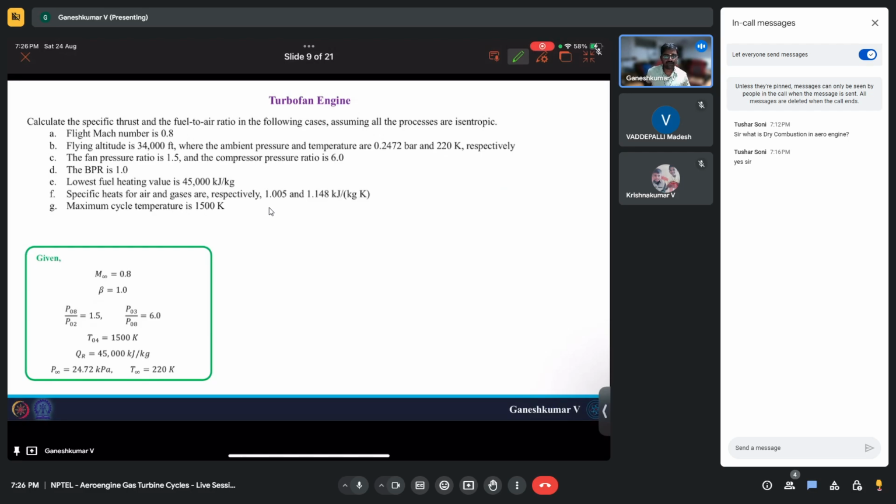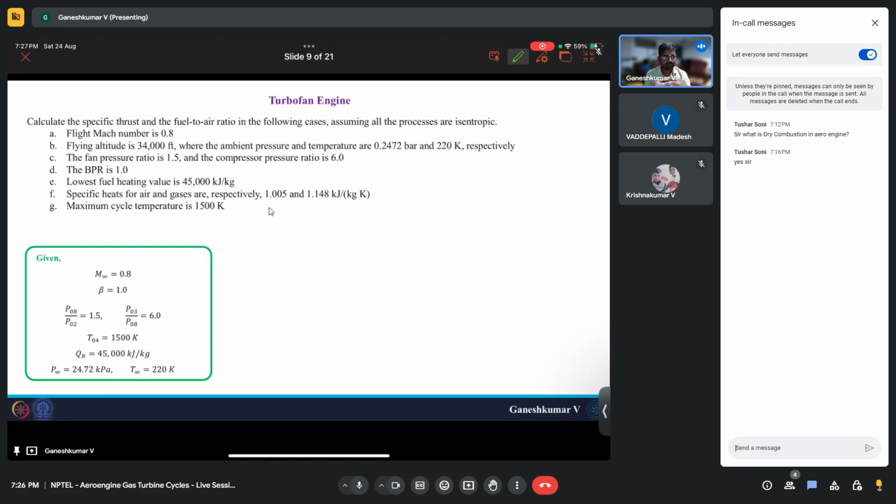The lower heating value actually refers to the fact that there are two heating values, lower and higher, right? We already addressed this in the previous sessions also.